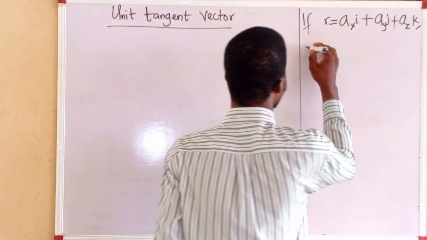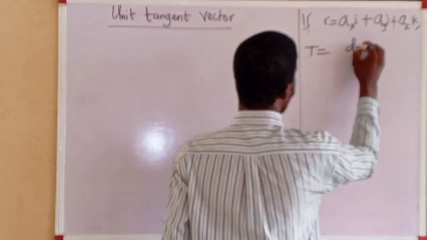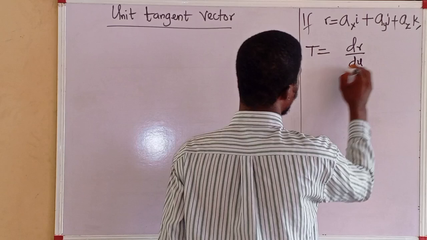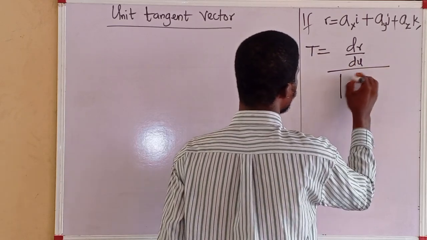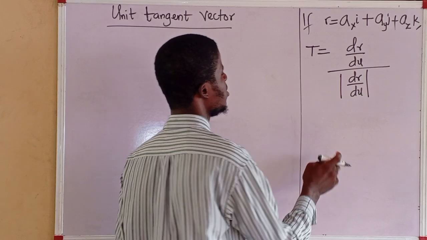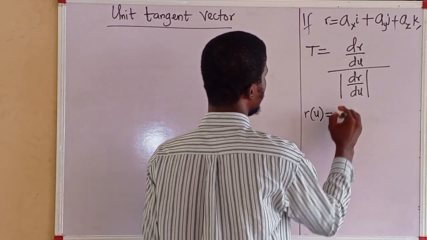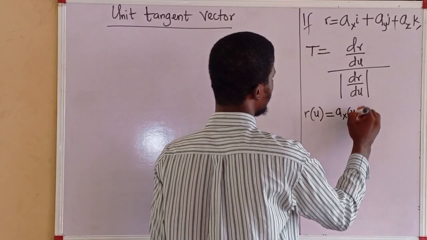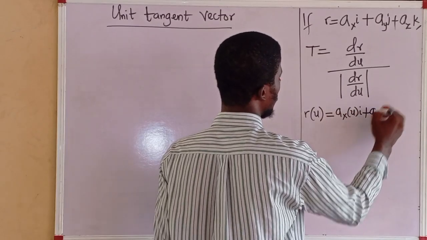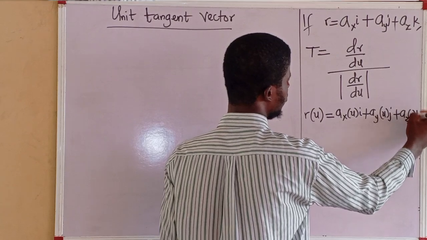The unit tangent vector T is equal to dr/du divided by the modulus of dr/du. So here we are saying that r is a function of u, and that means that ax is a function of u as well, ay is also a function of u, and az is a function of u.